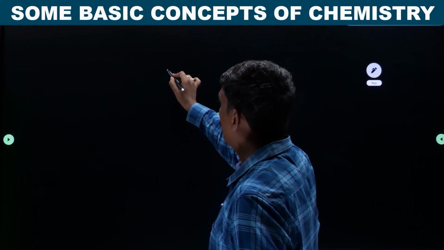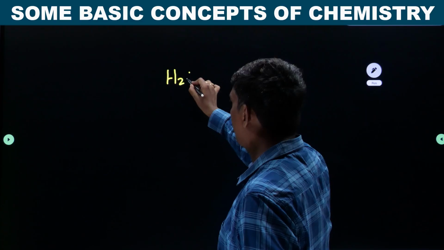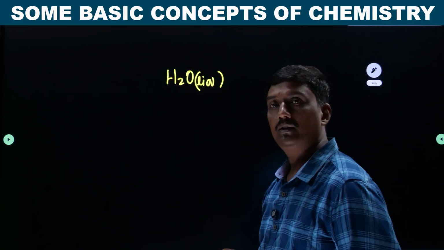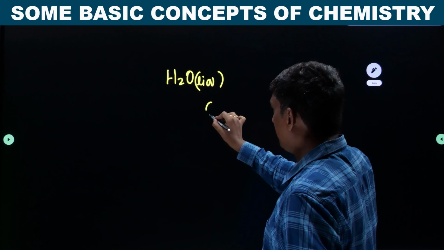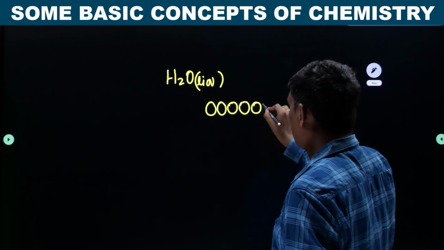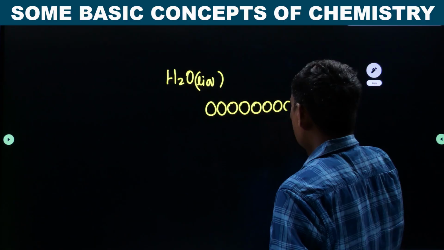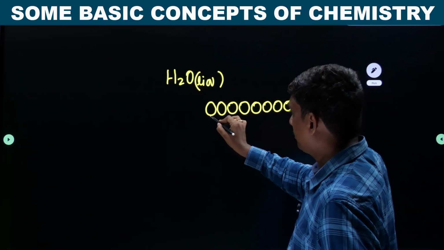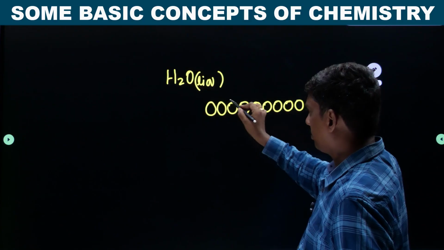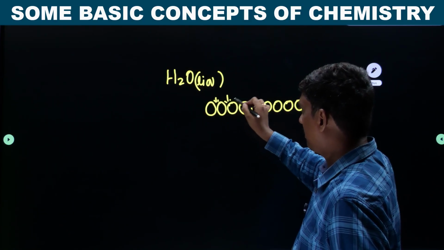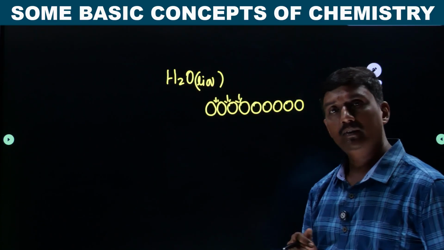Take water, H2O liquid. In the liquid state, the molecules are close to each other. See, this is one molecule, other molecule, other molecule. It's close, and this is said to be intermolecular space.